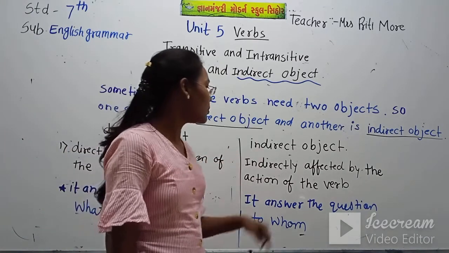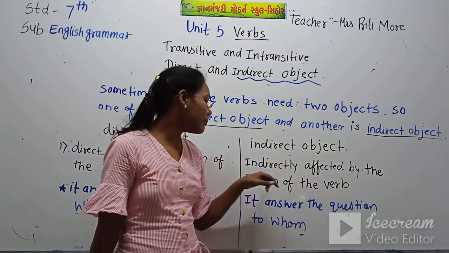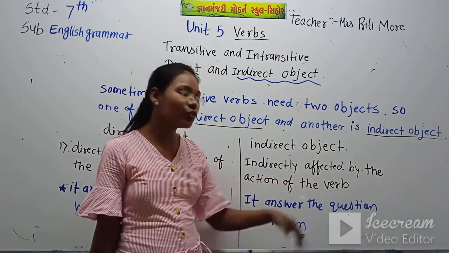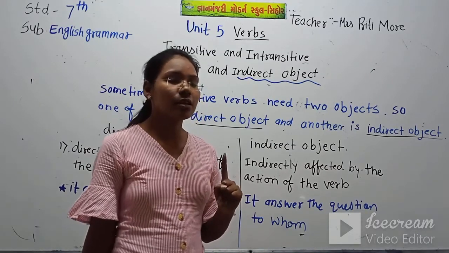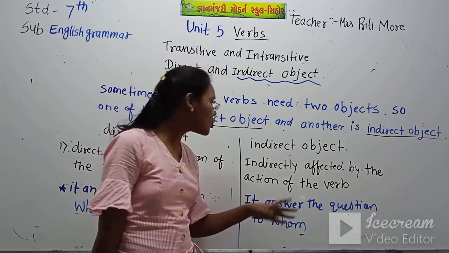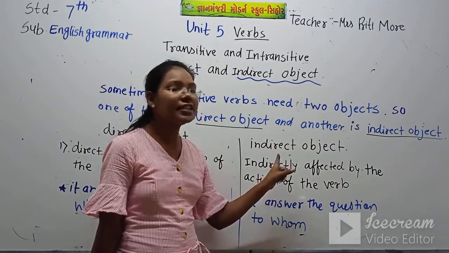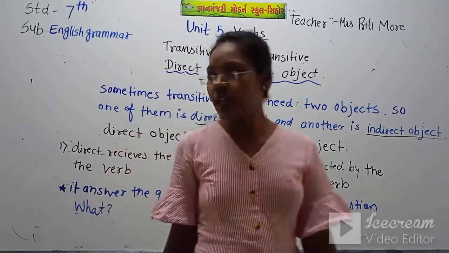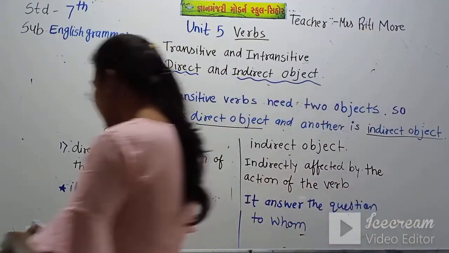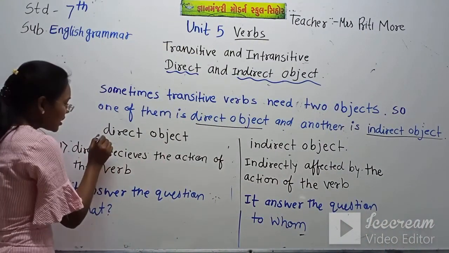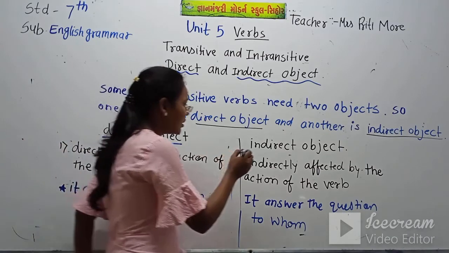And the indirect object is indirectly affected by the action of the verb. If you ask the question with whom, you will get the answer in the indirect object. Write down the difference between the direct object and the indirect object, then we'll see the example.